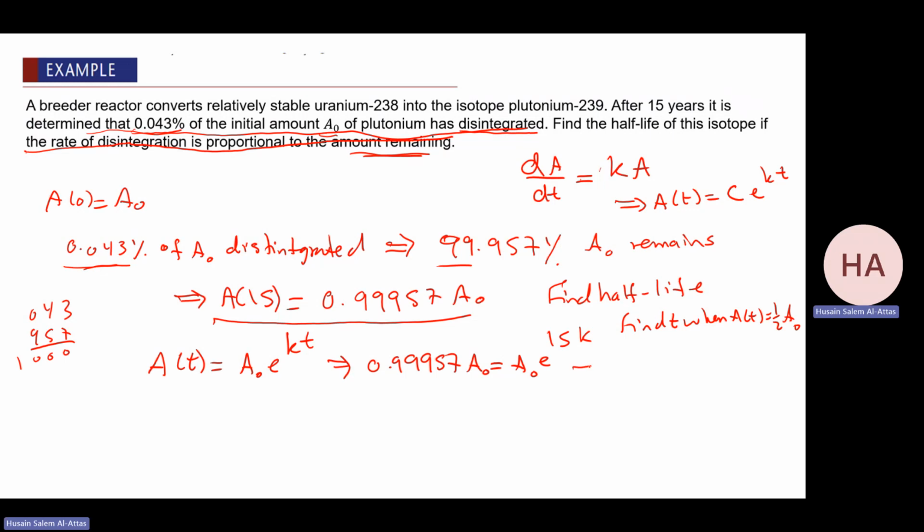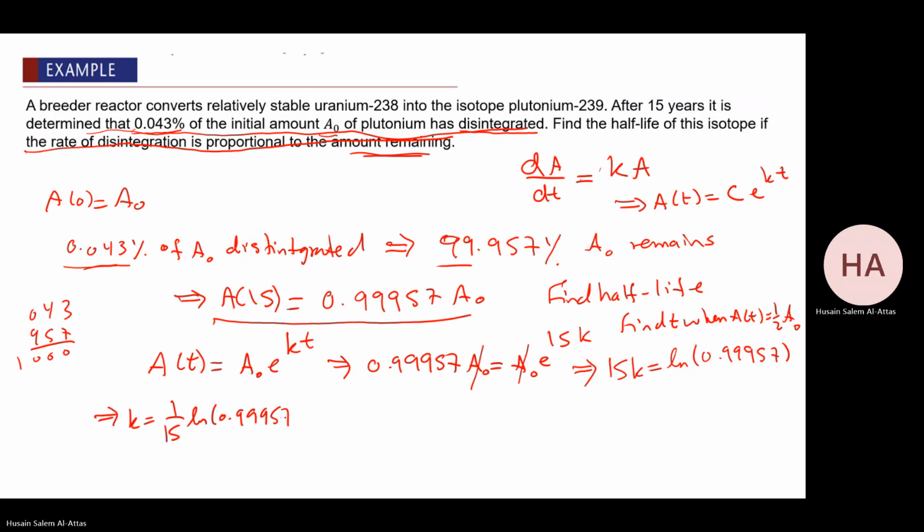A0 cancelled. So I have 15K equal ln of this. That implies K equals 1 over 15 ln of this. That implies A of T will be A0 e to the power T over 15 ln of this strange number.